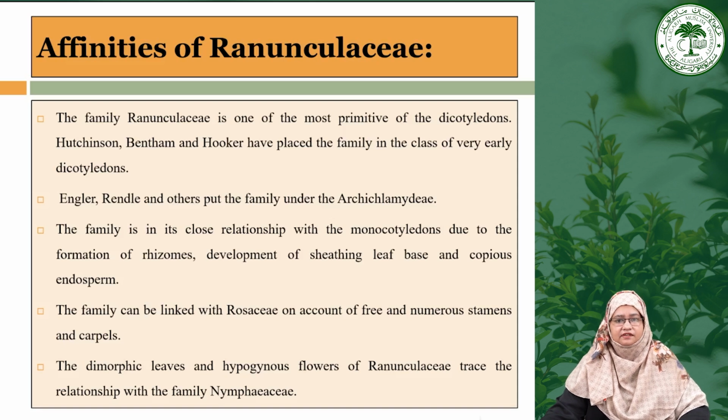This family showcases a connection to monocotyledons through morphological characteristics such as rhizome formation, sheathing leaf bases, and rich endosperm. Additionally, its relationship to Rosaceae is notable due to the presence of numerous free stamens and carpels.